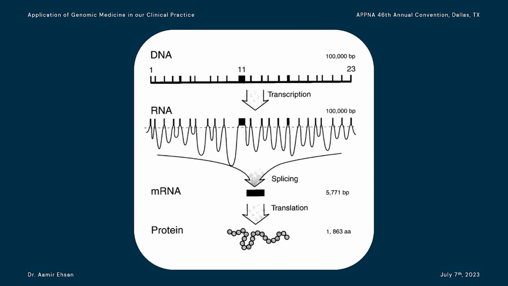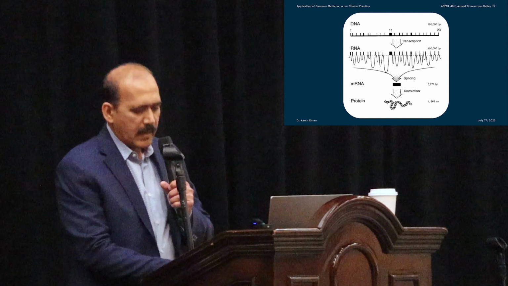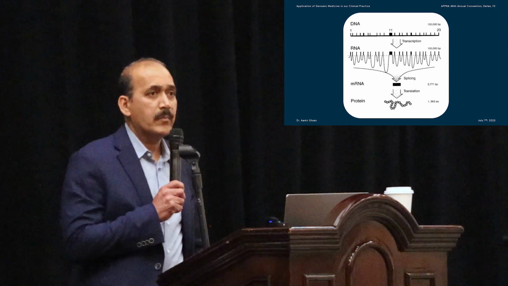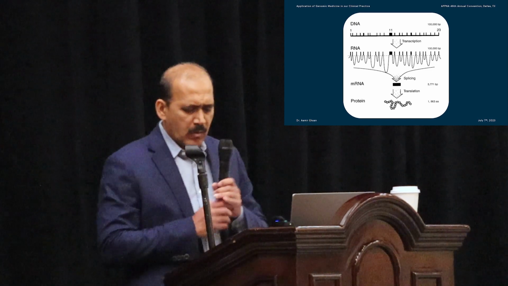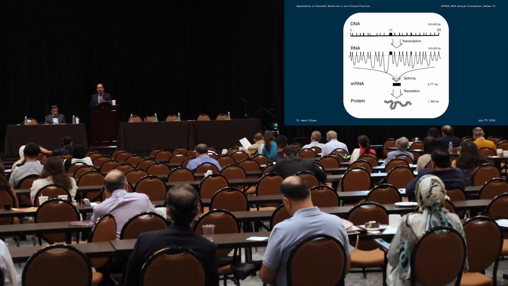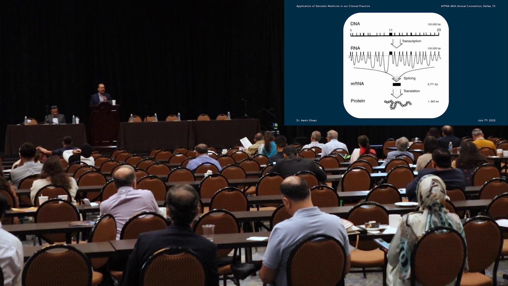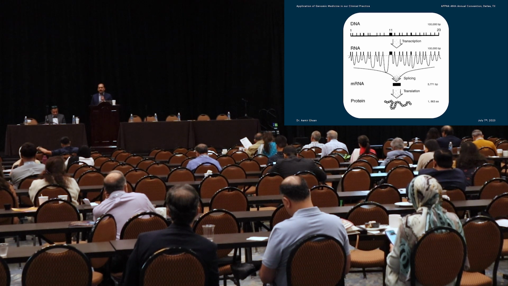So as a science, as a physician, we know that we would like to identify the protein at the basic level. So once we know the protein, we can have the reverse engineering and look into the DNA and the breakpoints and things like that. So the goal has been to identify a protein which can be targeted and can be maneuvered or can be manipulated in different ways we want as a scientist.